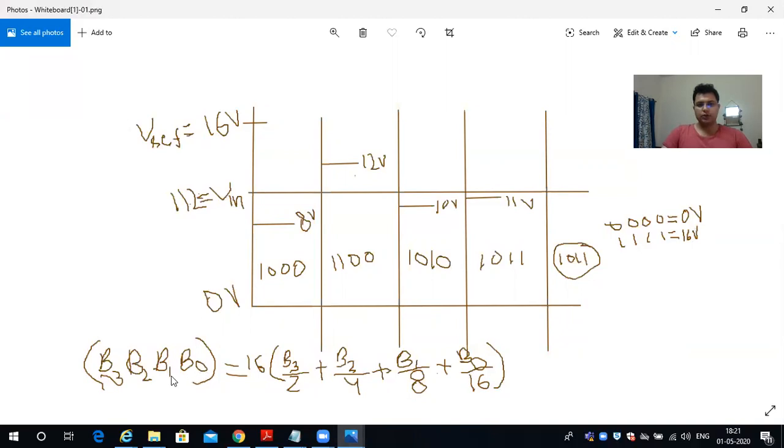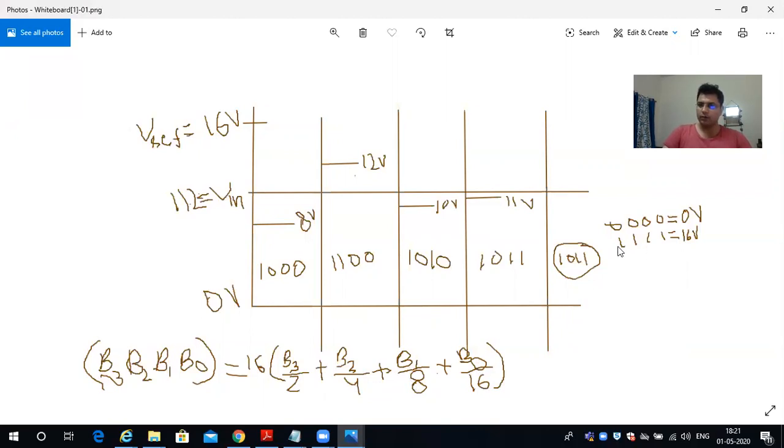If bit 0, bit 1, bit 2, bit 3 is our value in digital form, its equivalent voltage is V reference, that is 16, multiplied by B3 divided by 2 plus B2 divided by 4 plus B1 divided by 8 plus B0 divided by 16.